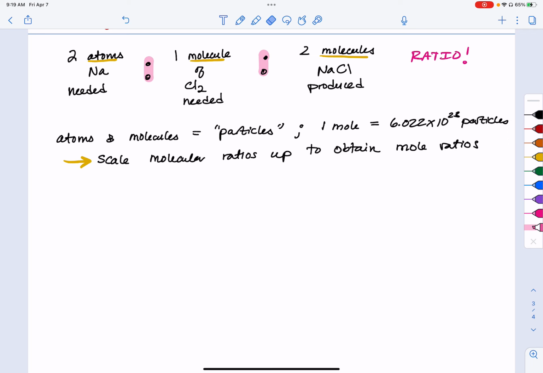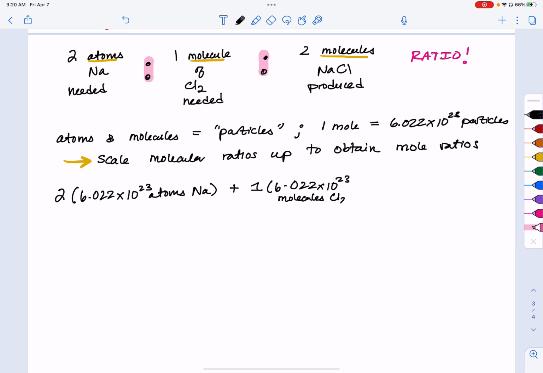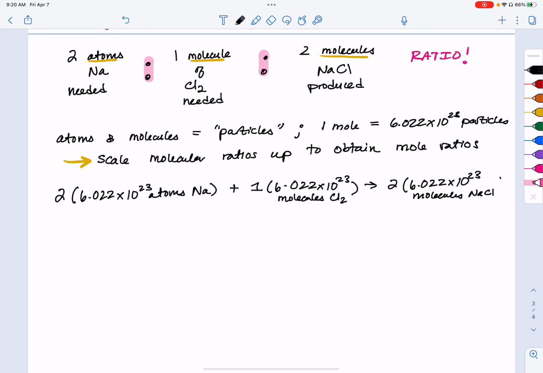So I now have 2 times 6.022 times 10 to the 23 atoms of sodium reacting with 1 times 6.022 times 10 to the 23 molecules of chlorine coming together to form 2 times 6.022 times 10 to the 23 molecules of our sodium chloride compound.